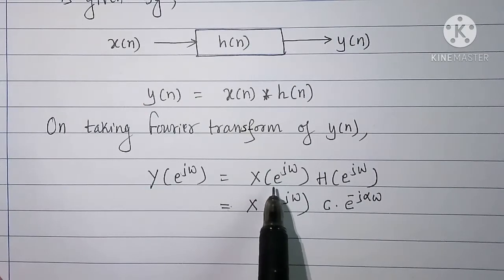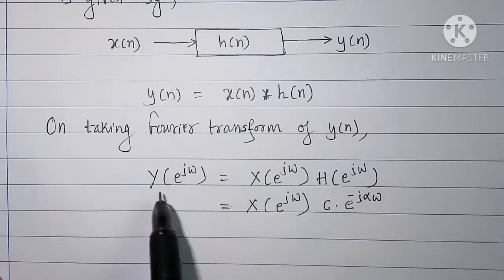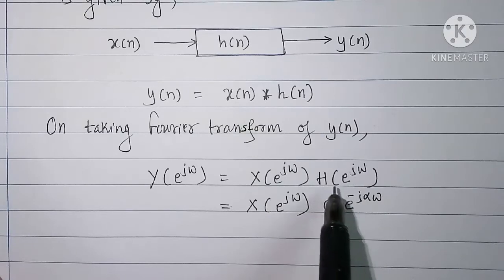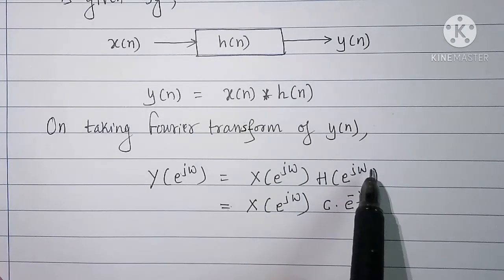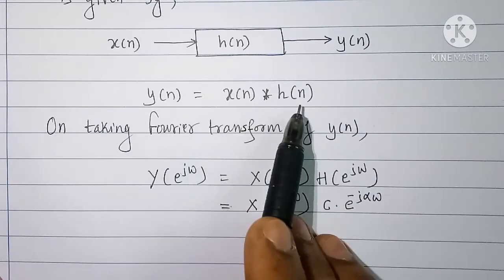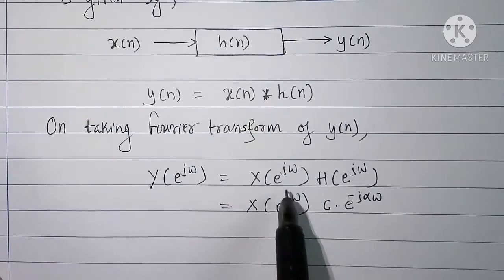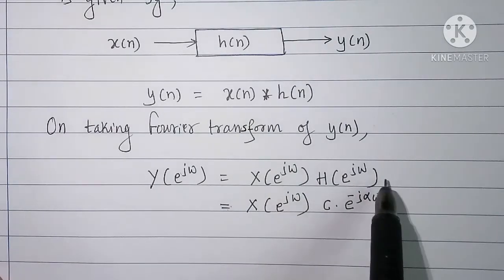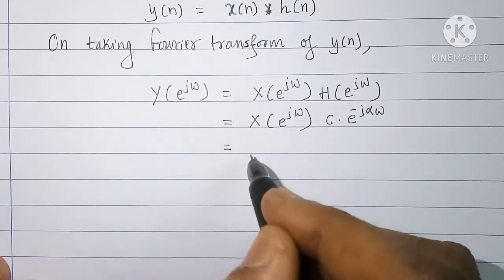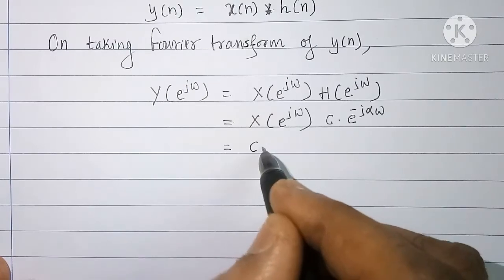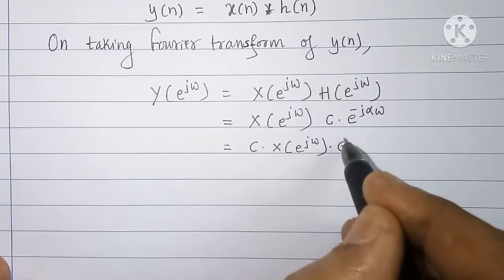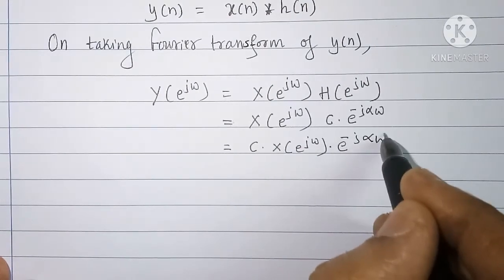In frequency domain, I am writing y of e raised to j omega equal to x of e raised to j omega into h of e raised to j omega, because convolution sum in time domain becomes multiplication in frequency domain. Now this may be written as c into x of e raised to j omega into e raised to minus j alpha omega.